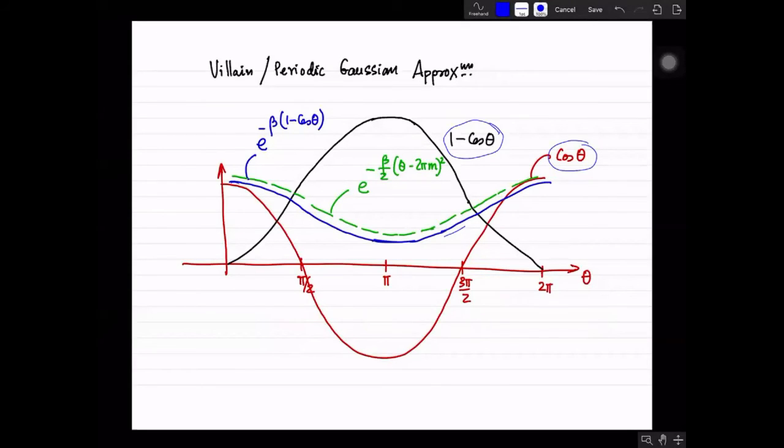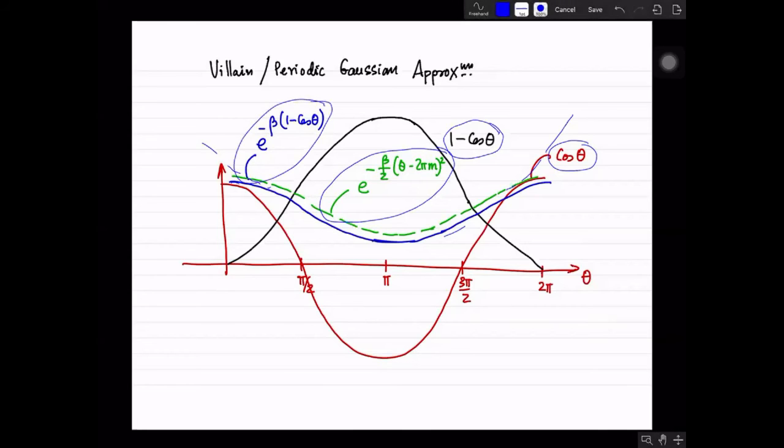So that can be captured approximately by this function, where m is an integer. I think this breaks down here and here. More mathematically, this is a Bessel transform of this object.